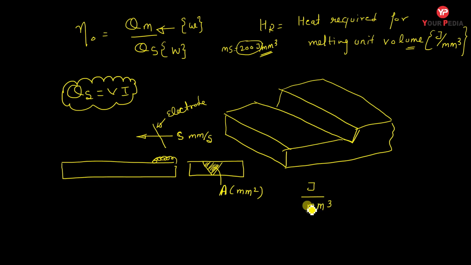If I know how many mm cube of metal I have to melt, then I can calculate the total amount of heat required. So can I calculate the volume of metal that I have to melt? Yes sir. For example, how many mm cube of metal I have to melt per second.